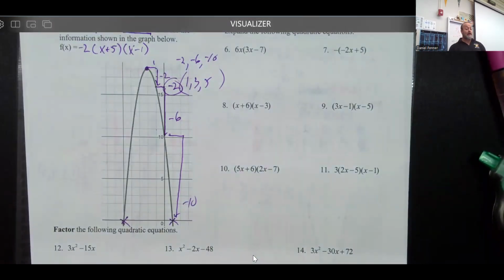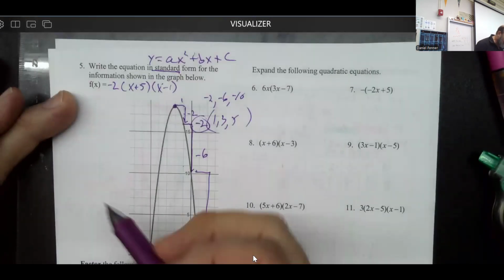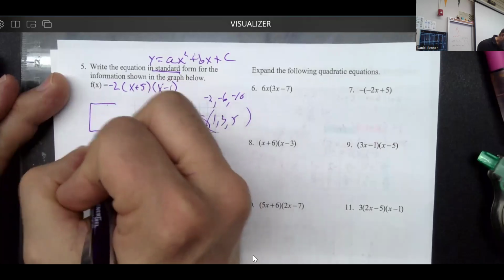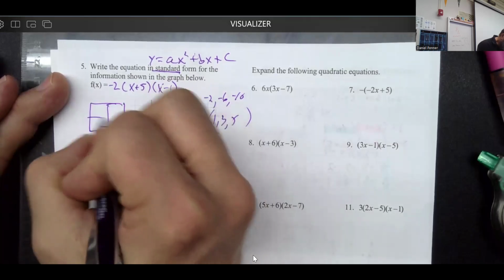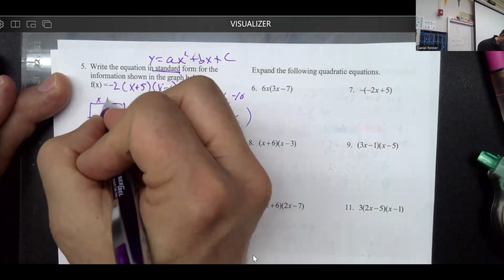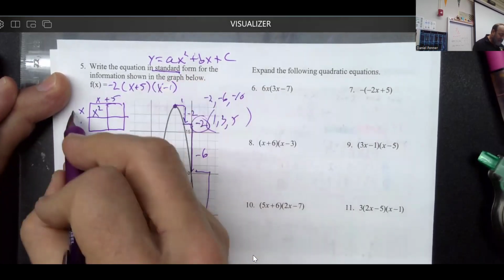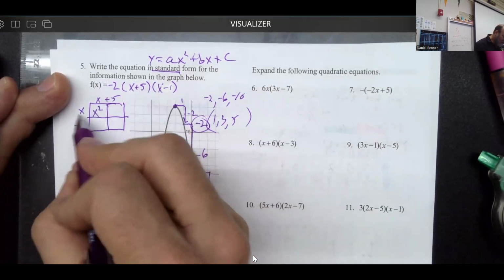Now that is the right answer, but it's not in the right form because it specifically says in standard form. So let's just finish that out. So depending on the method that you like to do, what I would like to see you do is just do x plus 5 and x minus 1. That's going to be, if you multiply, we got x squared. That's 5x.